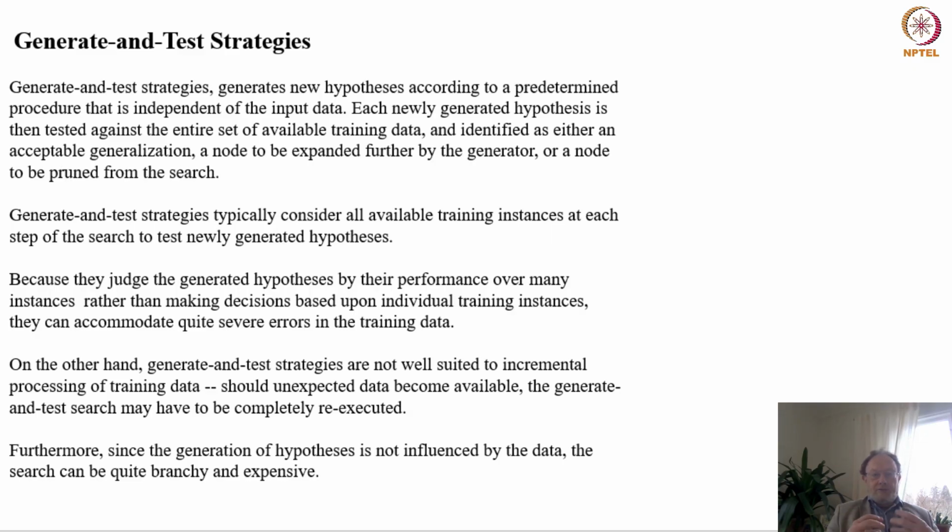And for every step, the candidate hypothesis is either identified as an acceptable hypothesis for generalization, or it could be viewed as a node to be expanded further to create new hypotheses, or one can say it's a dead end and prune it away.